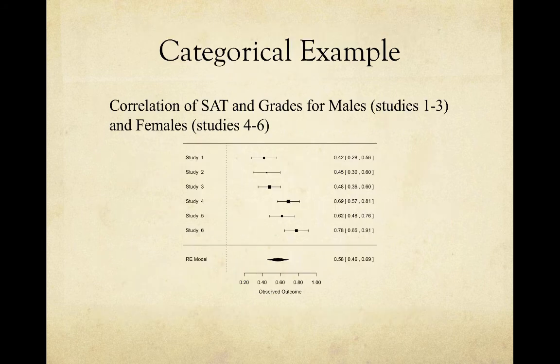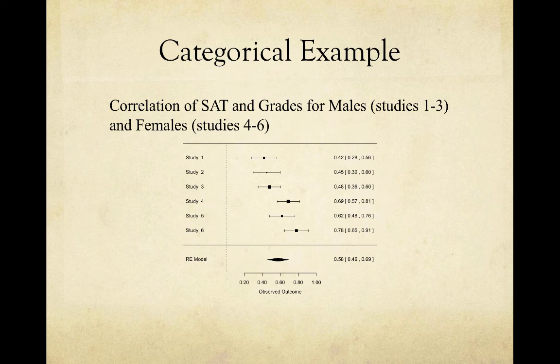Okay, so now suppose, and this is hypothetical data, that we're looking at the correlation of SAT and grades for males and for females. In this case, we just have males in the first 3 studies, and just females in the second 3 studies.